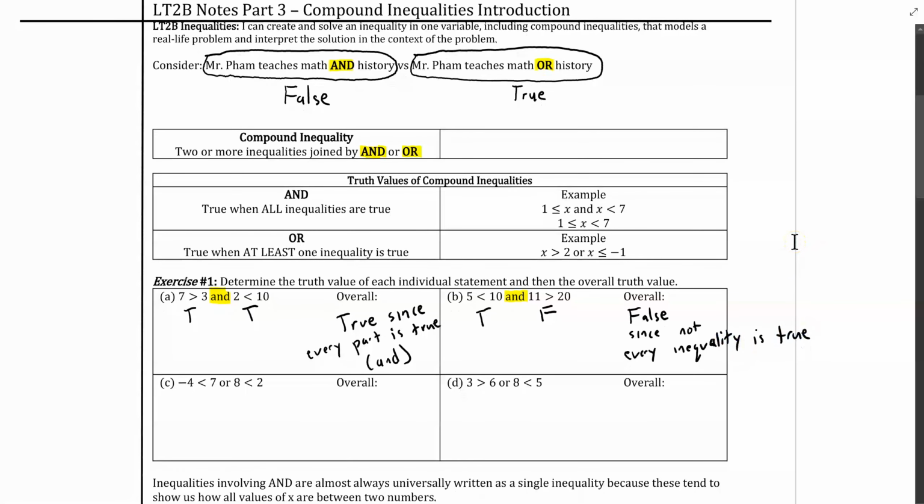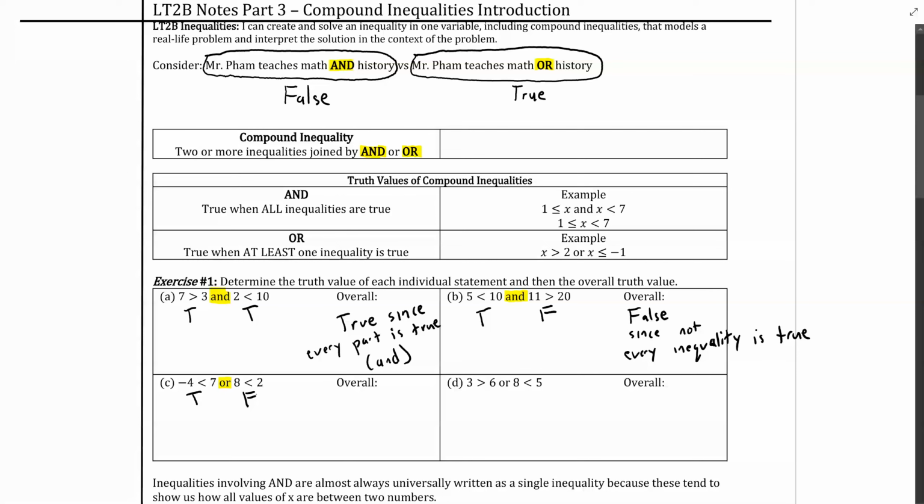Now in part C, we have -4 is less than 7. Well, that's true. Here we have the word or, and 8 less than 2. Well, 8 is not less than 2. That's false. So we have true or false. Well, looking at the definition above, for an or compound, it is going to be true as long as one of the inequalities is true.